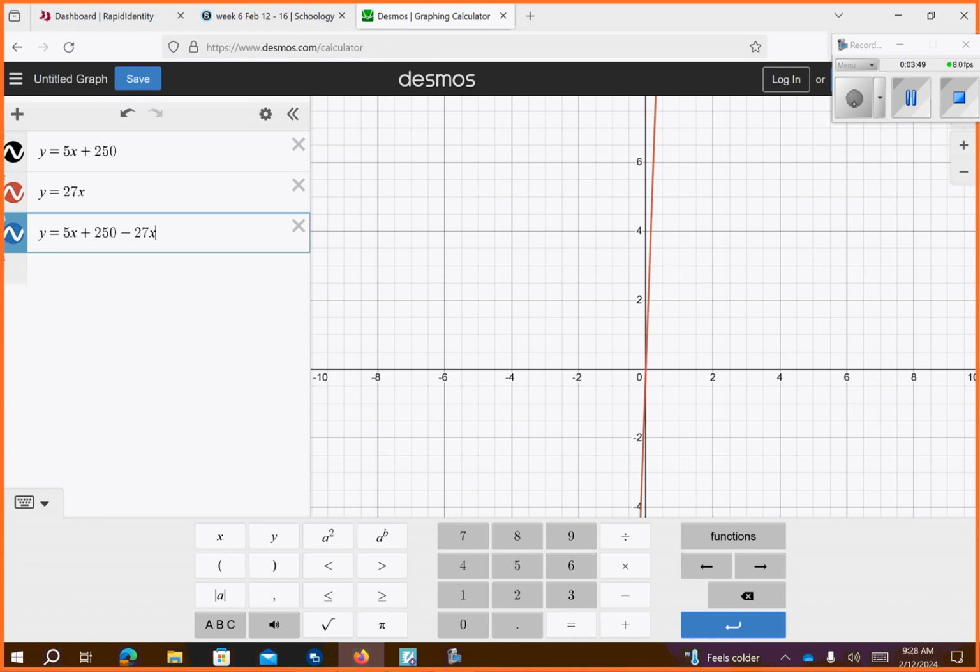So what is the marginal profit? What is the slope of the profit equation? Our slope of our profit equation would be y = -22x + 250. So there's our slope, just subtracting the two. It seems that as x increases, it's very likely that your profit is going to get bigger.